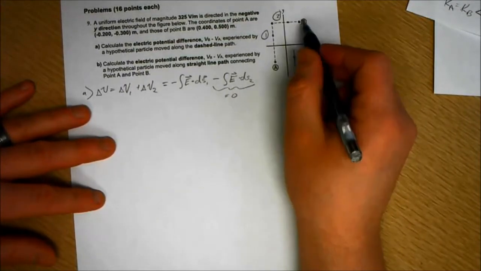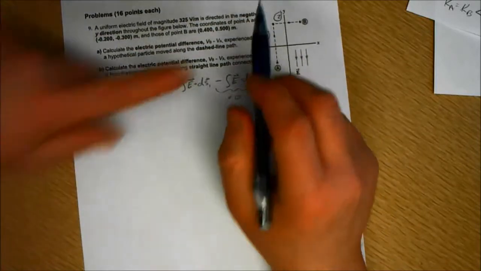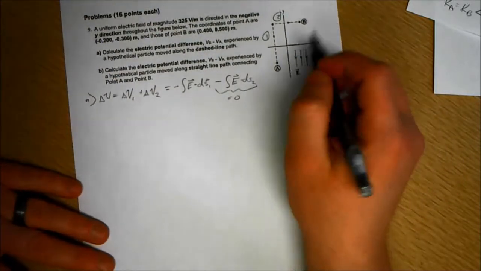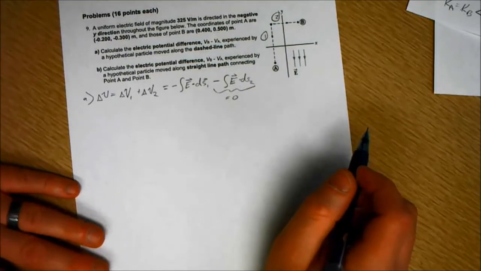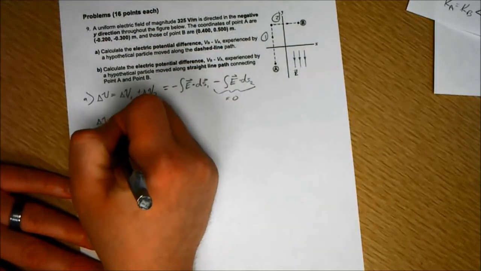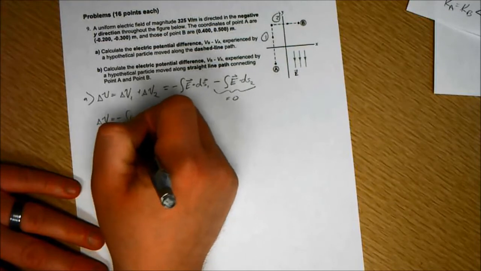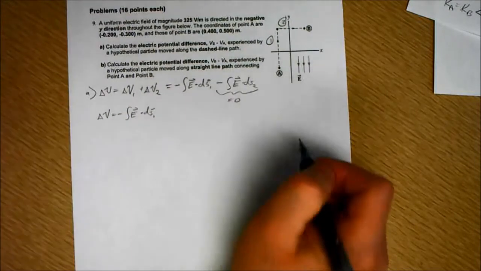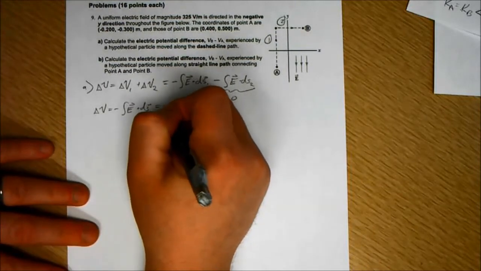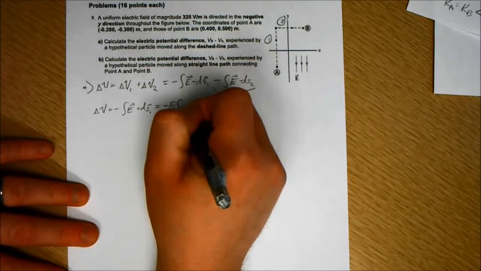Remember, the dot product of two vectors that are perpendicular is 0. The electric field is down, the displacement in part 2 is across. So the change in potential is just equal to negative integral of E dot ds1. E is a constant, so I can pull it out of the integral.